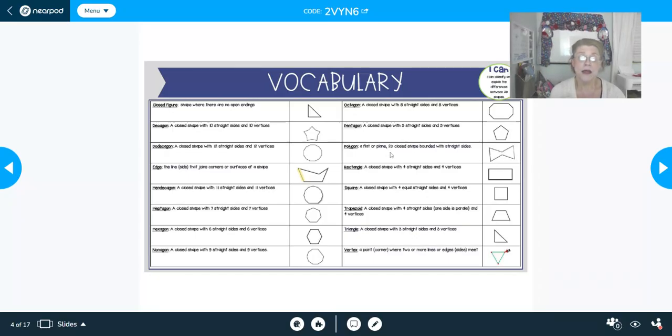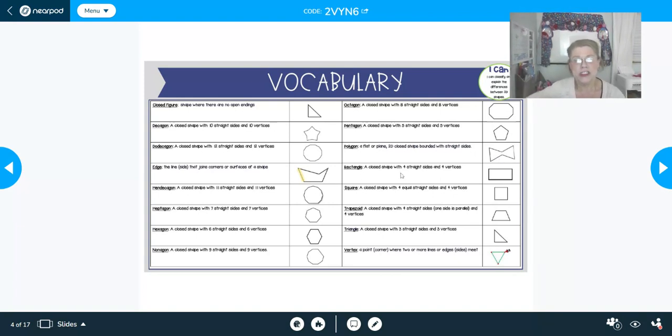A polygon, a flat or plane, meaning flat, going on forever, 2D closed shape bound with straight lines. So if you look right here, a polygon, it's flat, it's closed, bound with straight lines.